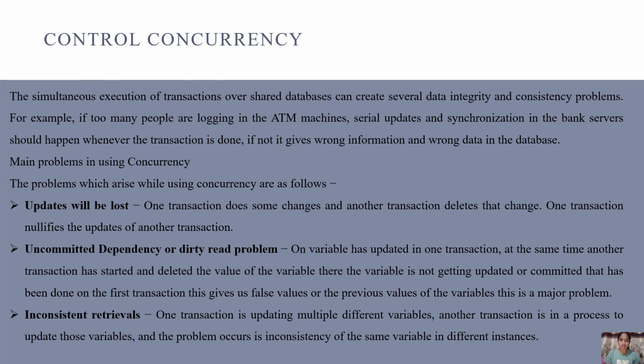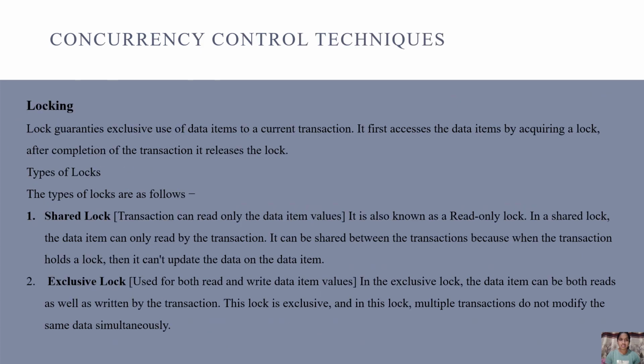This is a major problem. Third, inconsistent retrievals. One transaction updates multiple different variables. Another transaction is in the process of updating those variables, and the problem occurs in inconsistency of the same variable in different instances.